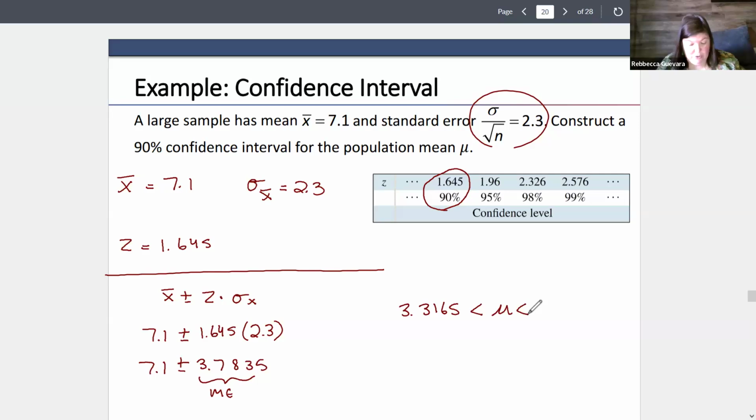And then if I go 7.1 plus 3.7835, that is going to give me 10.8835. Okay, so that was my 90% confidence level. So my 90% confidence interval.